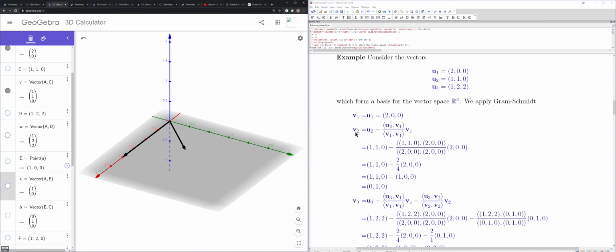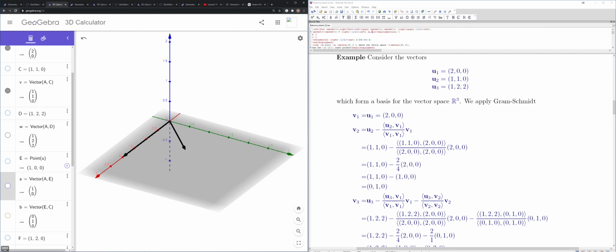To construct V2, I'm going to take this U2 and project it into the direction of V1. That is what this second expression, the ratio of inner products times V1, is: the projection of U2 onto V1.